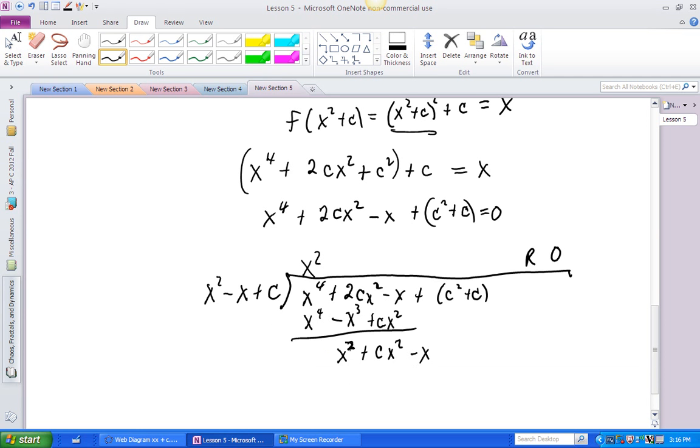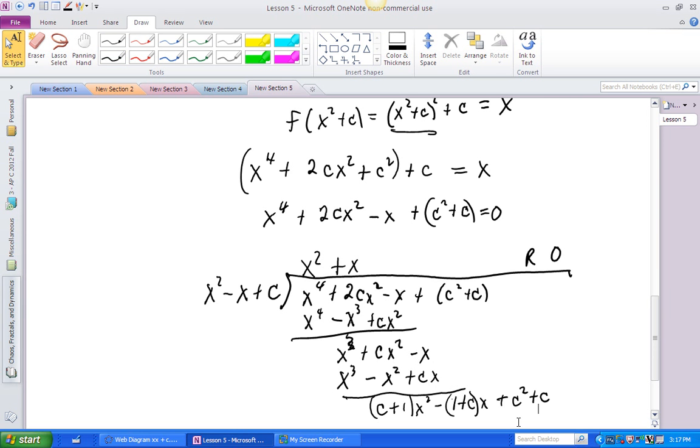This is an x cubed. See, it comes from that baby right there. So now I'm going to divide x squared into x cubed, and I get x. And x times x squared gives me x cubed, and x times negative x gives me negative x squared. And x times c gives me plus cx, and I do this subtraction, and here's what I get.